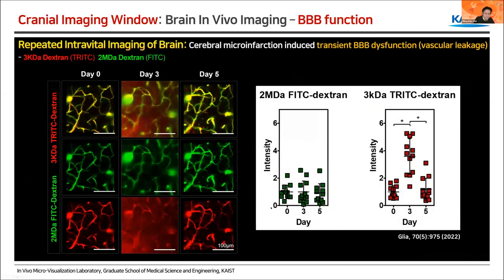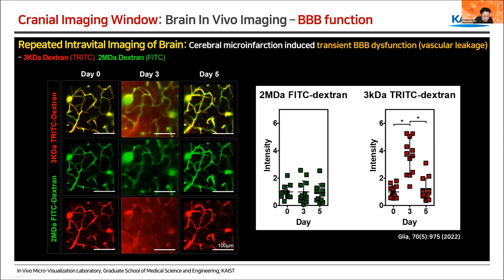And we can also test the BBB function. So what we did was inject a small molecular weight dextran, like a 3 kilodalton dextran, labeled with a fluorophore, and then we can see the leakage of this dextran. So this is before, and this is after the induction of the stroke. You can see this red signal, the red fluorophore, leaked out from the blood vessel.